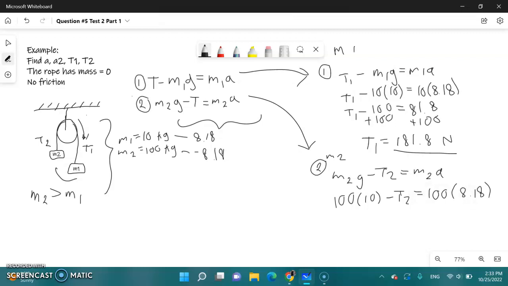We don't put the negative values because it will mess up the solution, but for now we keep it. 1000 minus T2 equals 818. And if we just move this around, subtract 1000 on both sides, we will see that negative T2 is negative 182. So T2 is 182 newtons.